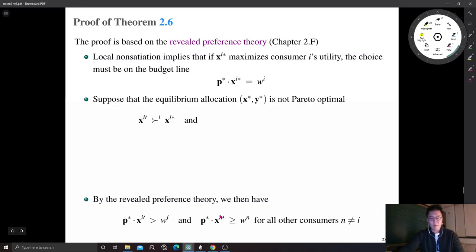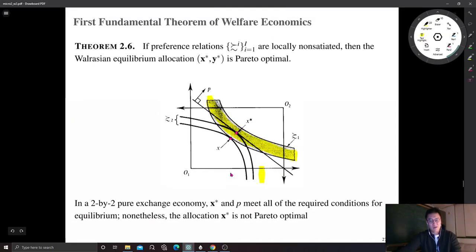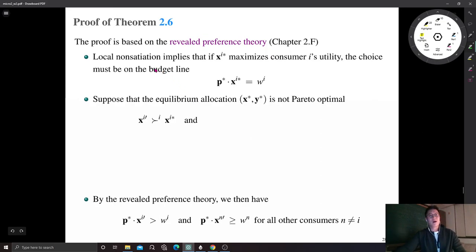Going back to the previous slide, this x still maximizes consumer 1's utility, but at this bundle, the budget constraint is not binding, because consumer 1's budget set is this triangle, and this allocation x is inside the triangle, meaning that at this allocation x, consumer 1 does not expend all resources. So there's some money in the pocket.